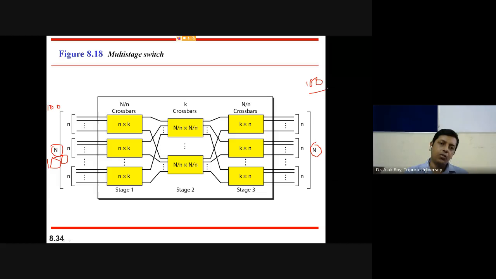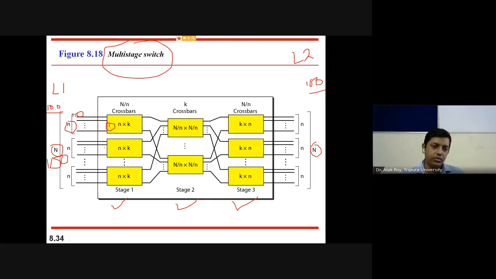Then how can multi-stage switching be used to connect those different users from location 1 to location 2? In this case, at different stages, different switches will be used. They will group these 100 users into different subgroups. Let's take small n as 10. Means 10 groups of lines are transmitted through switch 1.